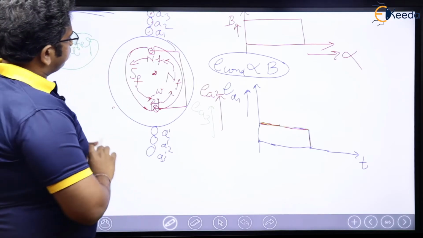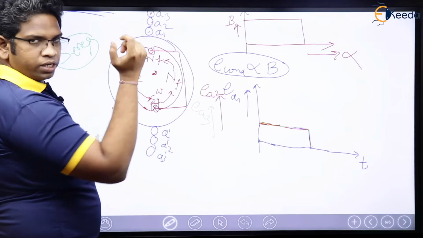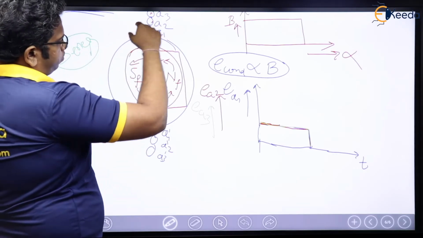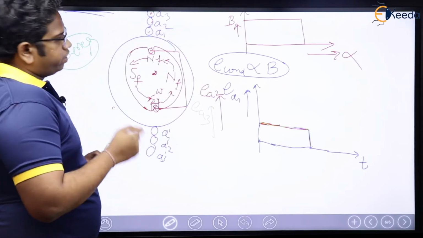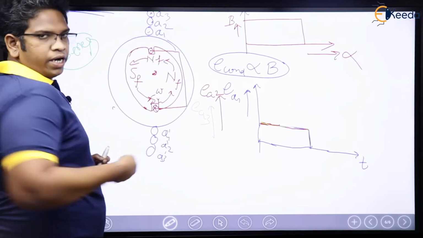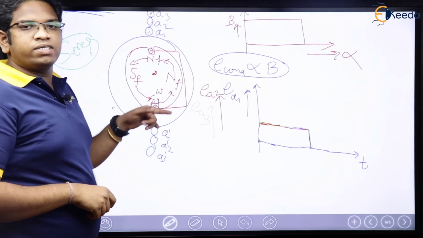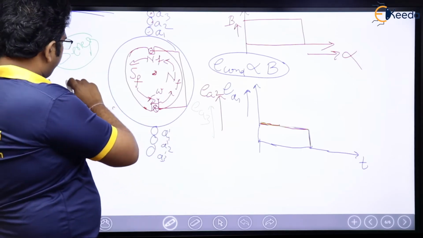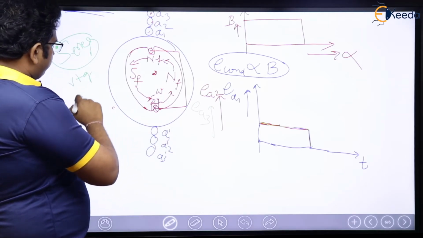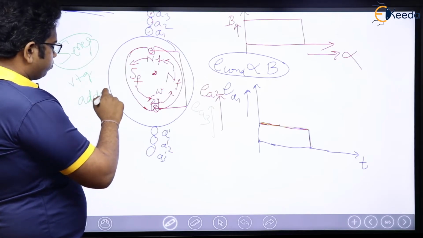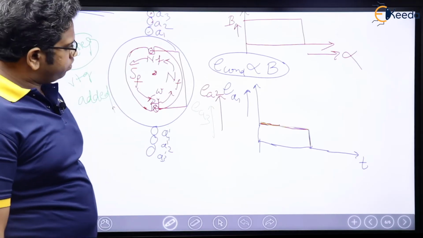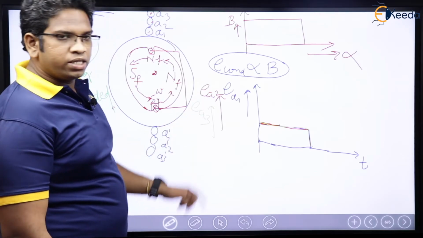What is going to happen means, A1 here, see here, I will have A1 back to back connection, A1 dash, again A2 back to back connection, A2 dash, again A3 back to back connection, A3 dash. If I have it that way, series connection, what is going to happen? Voltage will be added or not in series? Voltage will be added, which means EA1, EA2 and EA3 will be added.